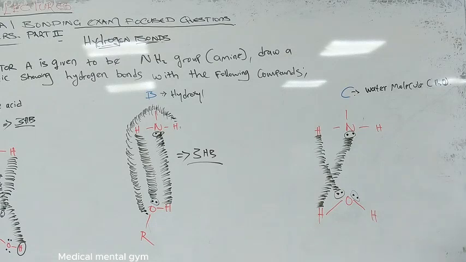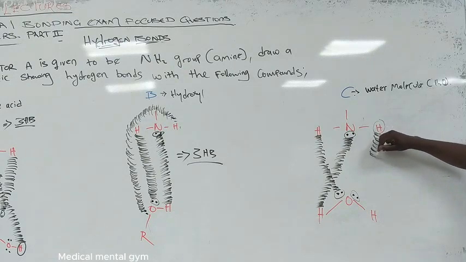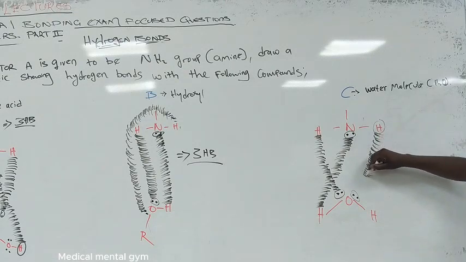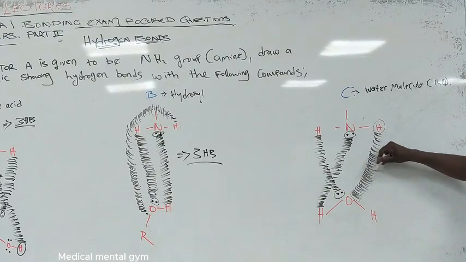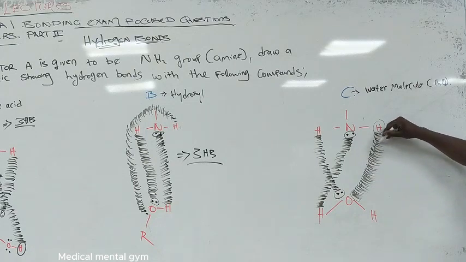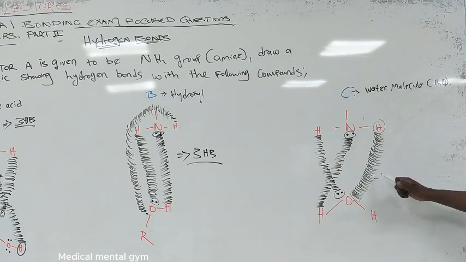So I have a free lone pair here, and let's look at the other molecule for a presence of a hydrogen. So we've got another hydrogen here. So the presence of a free lone pair and a hydrogen suggests a hydrogen bond. So there is a third hydrogen bond which is going to be formed as a result of this electronegative atom and this amine hydrogen being bonded together to form a hydrogen bond.